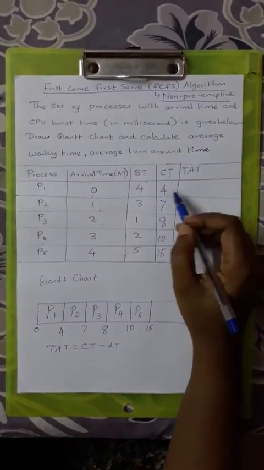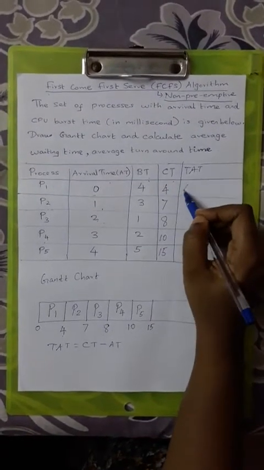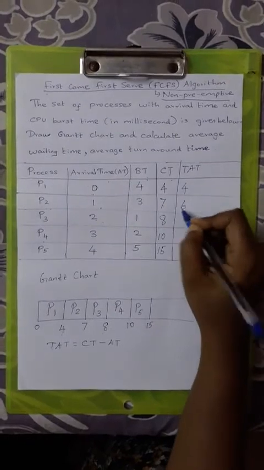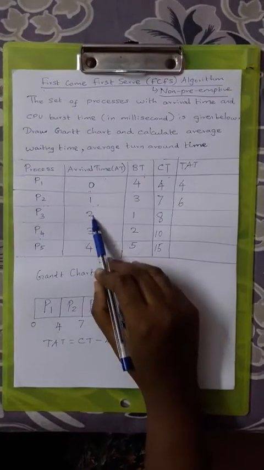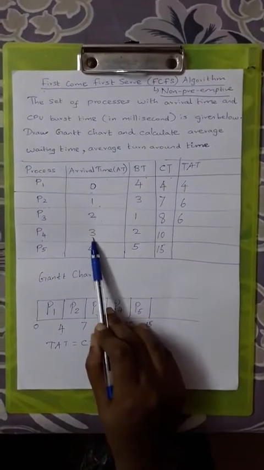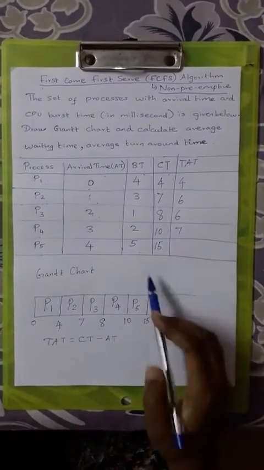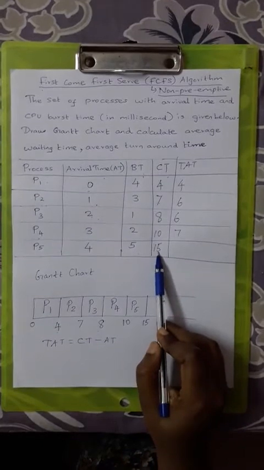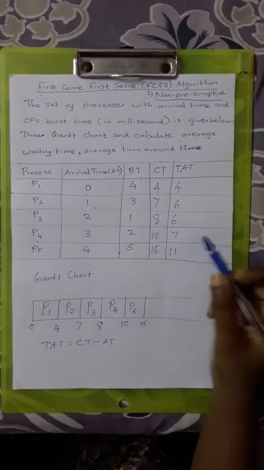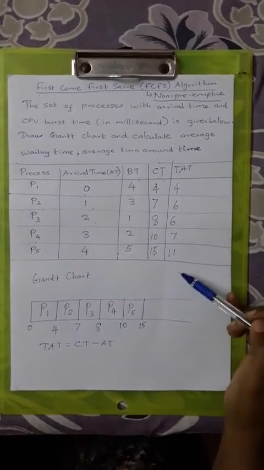So turnaround time, so 4 minus 0, 4. So 7 minus 1, 6. So here 8 minus 2, 6. Here 10 minus 3, 7. Here for process P5, 15 minus 4, 11. Like this, we have computed the turnaround time.